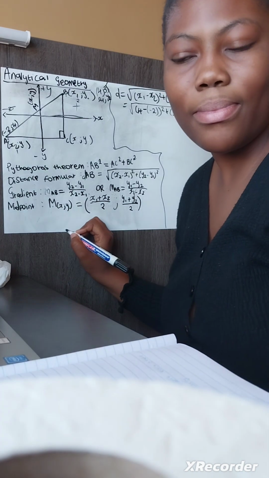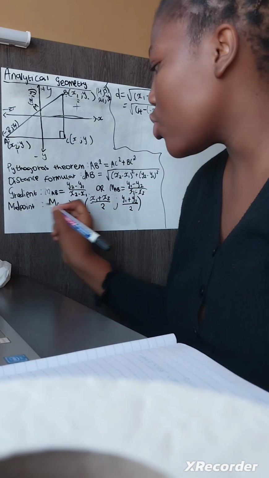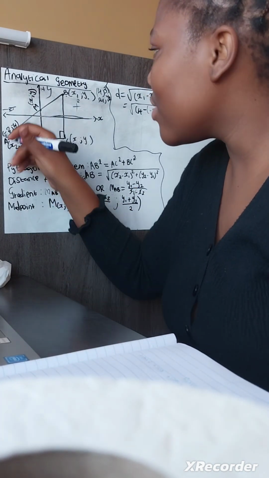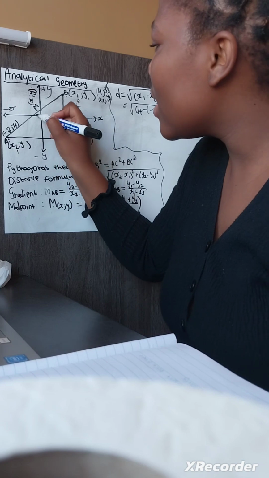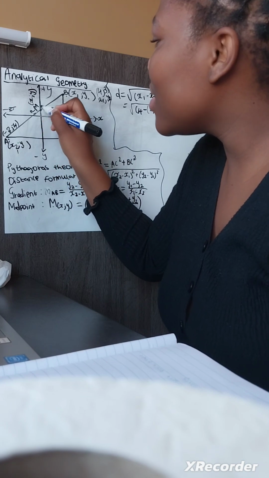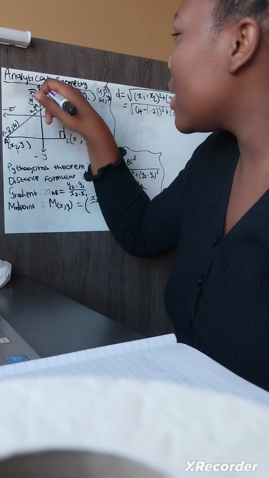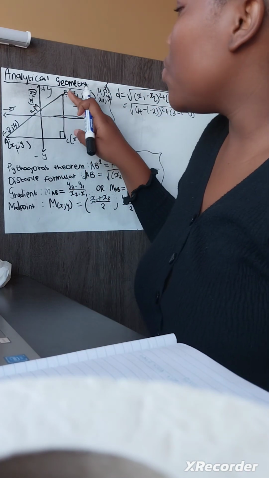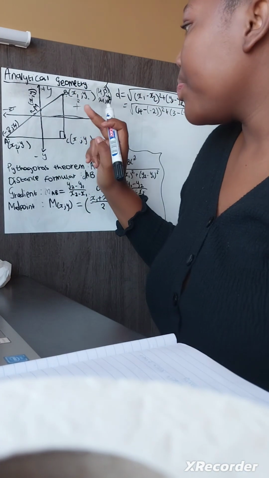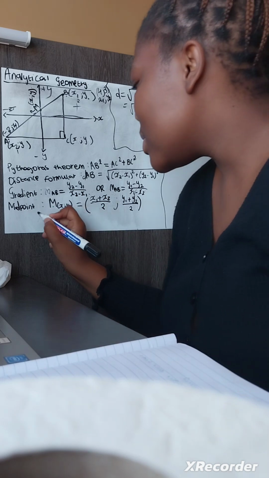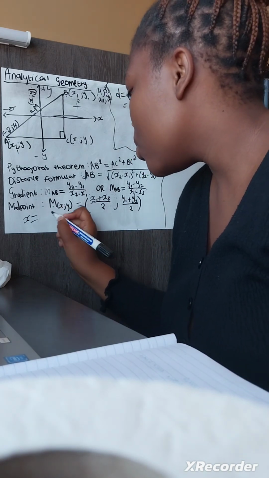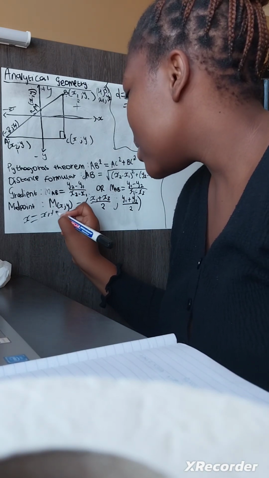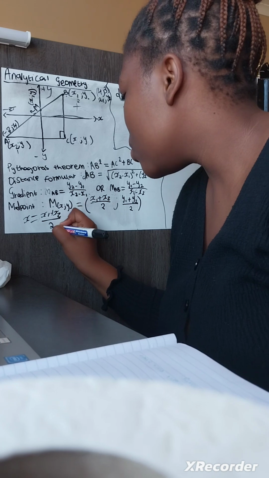So if maybe you have a midpoint of a certain point, let's say we are given this, and they say here we have an M is our midpoint between this and that, right? Let's say we are given these coordinates, we were looking for the coordinates of B. Then I will say x is equal to x1 plus x2 all over 2.